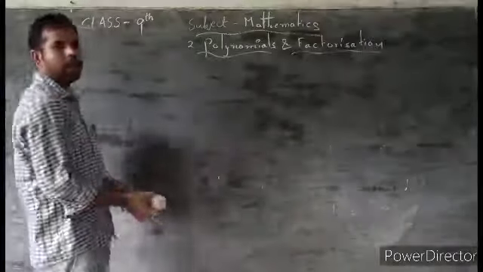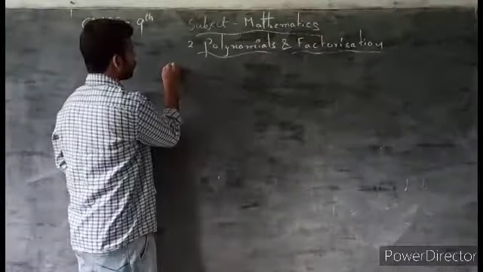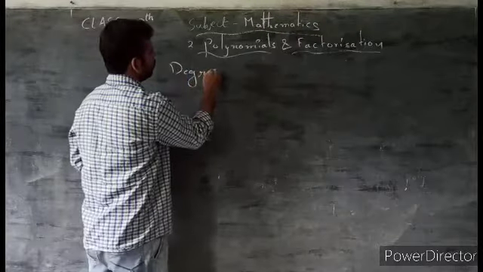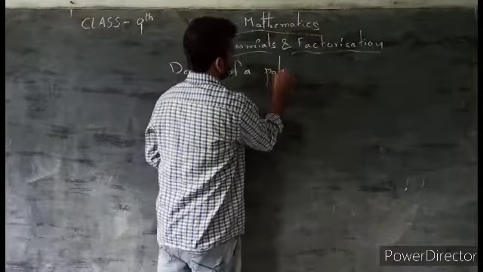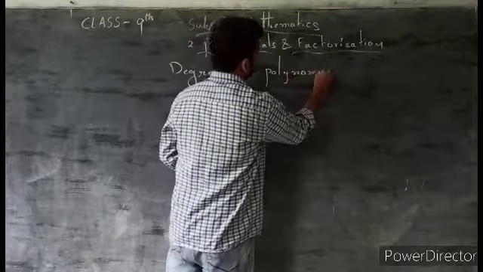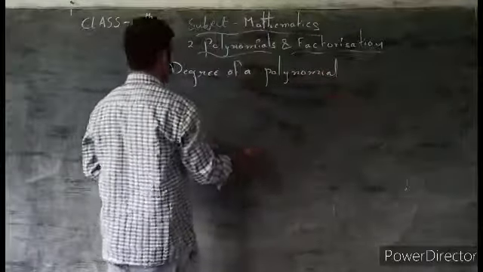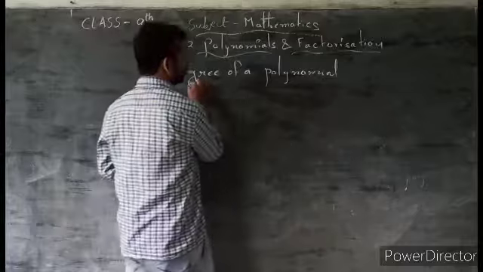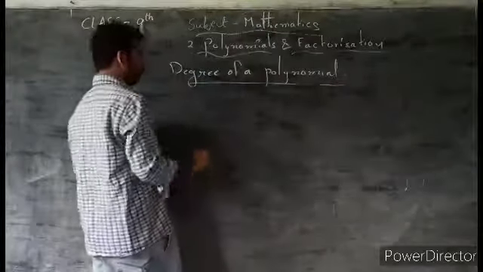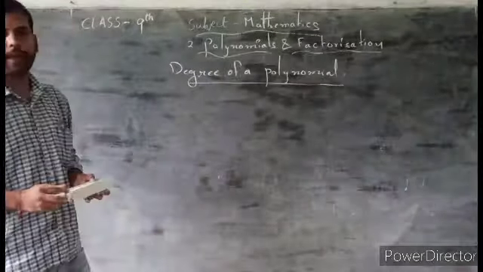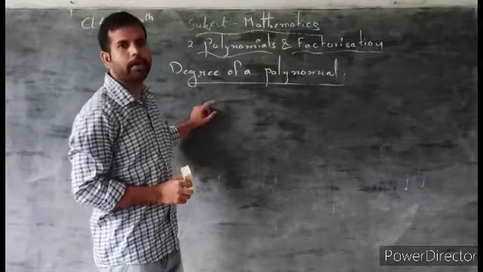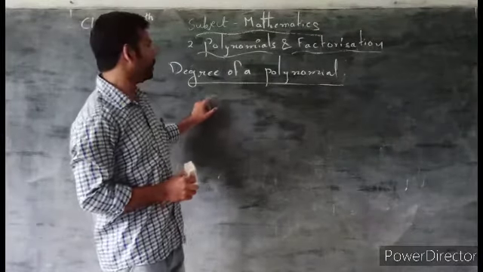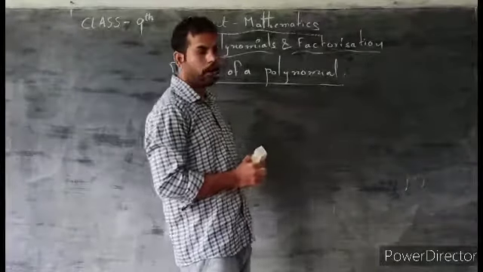Next, degree of a polynomial. The highest exponent value of an algebraic expression is called the degree of the polynomial.